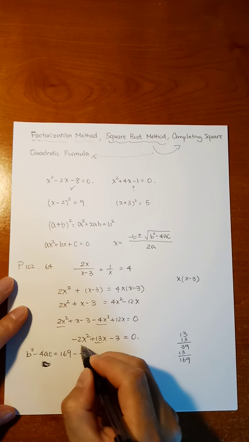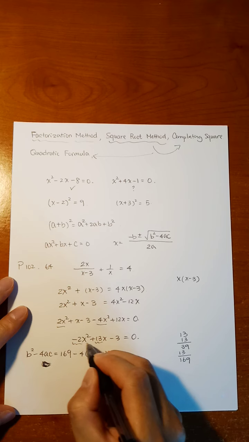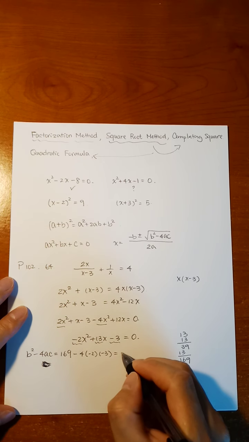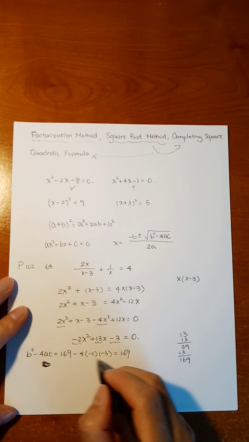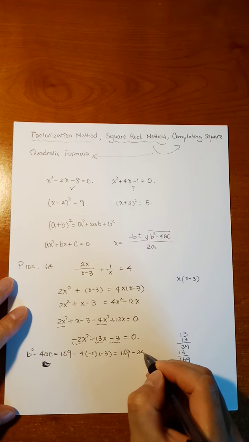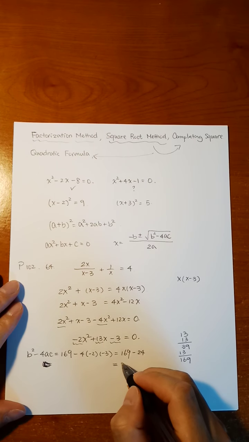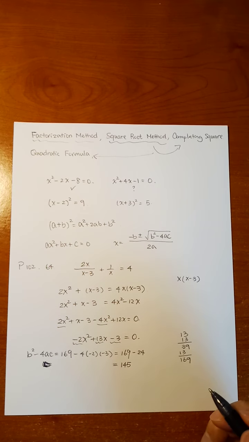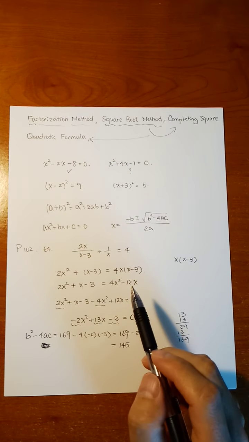Minus 4 times a, which is negative 2, times c, which is negative 3. Be careful, this is a, this is c. Negative 2 times negative 3 is positive 6, times 4 is 24. So 169 minus 24 is 145. All right, am I correct?